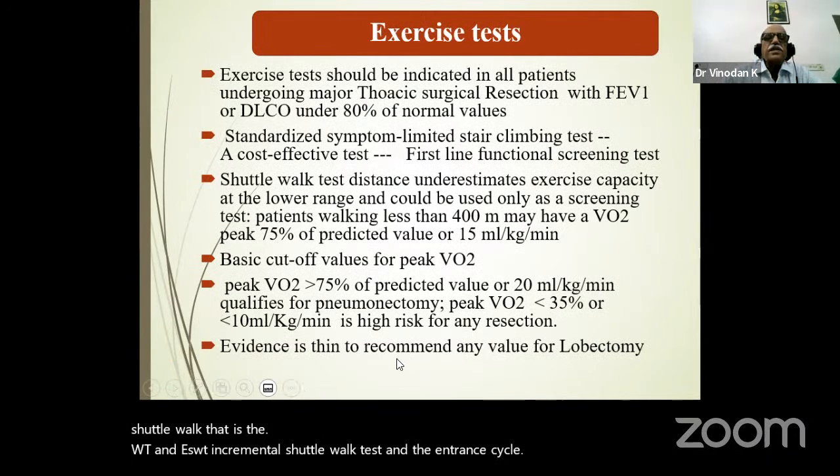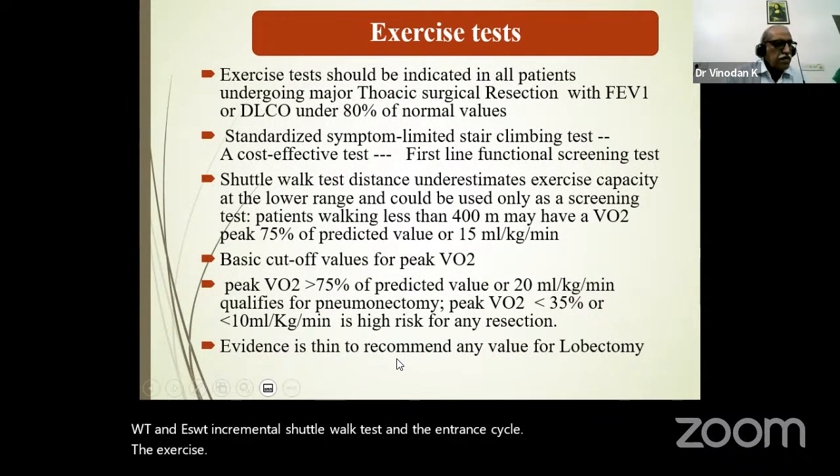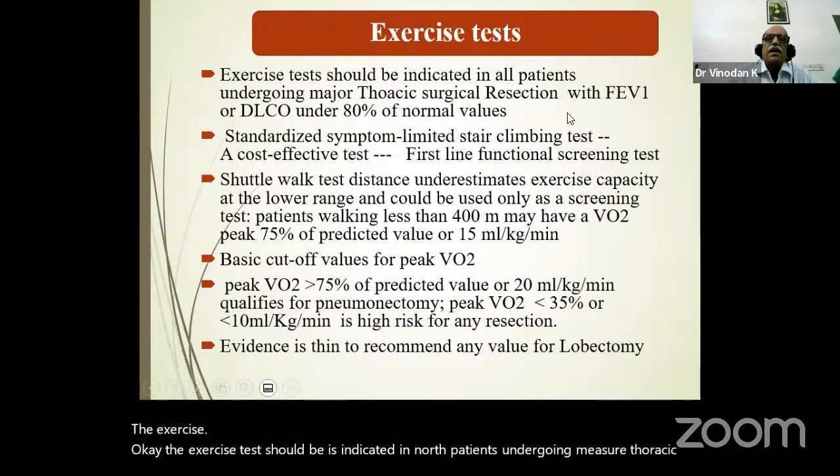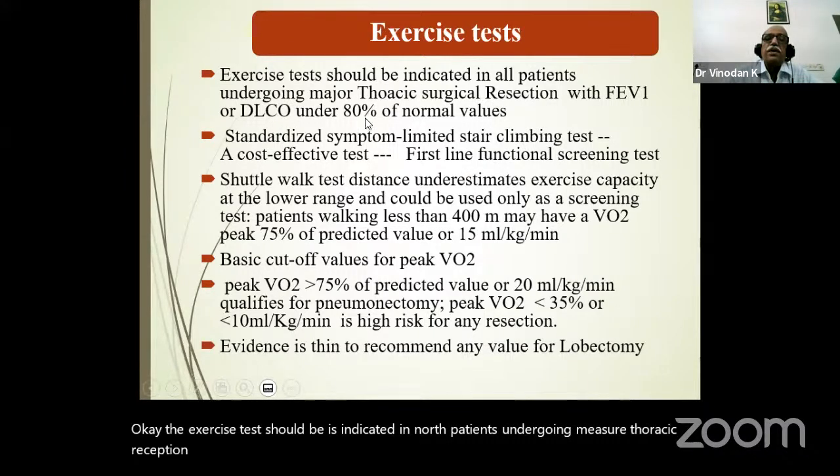The exercise test is indicated in all patients undergoing major thoracic resection, especially when the FEV1 or DLCO is under 80% of the normal values.